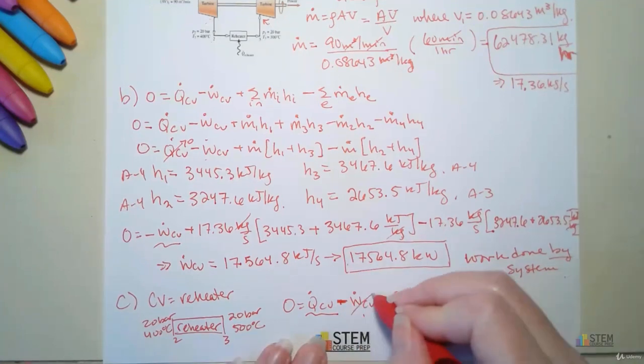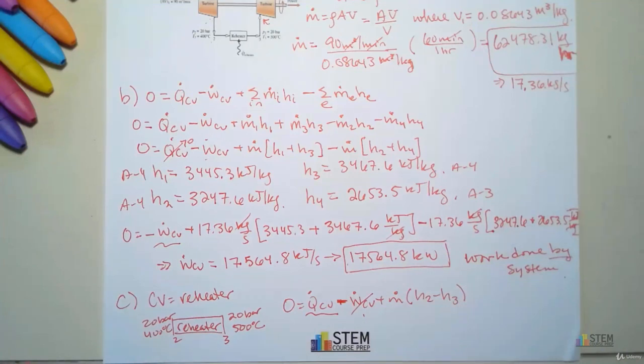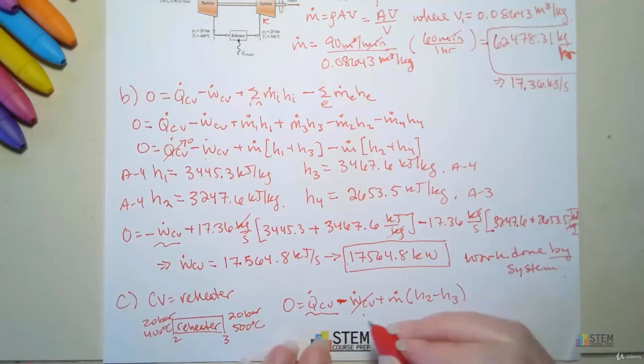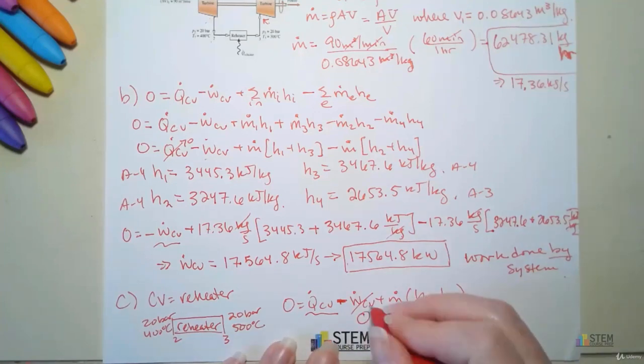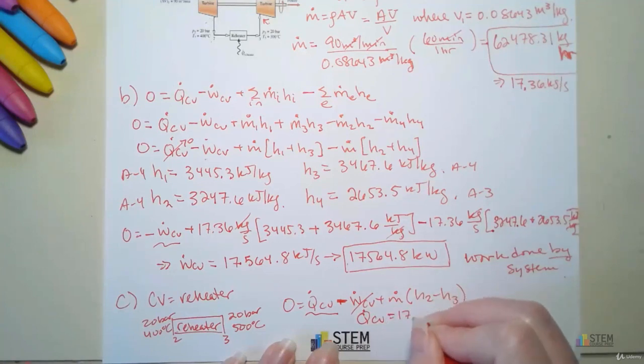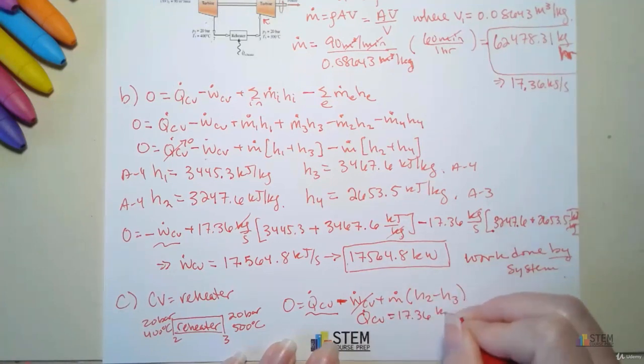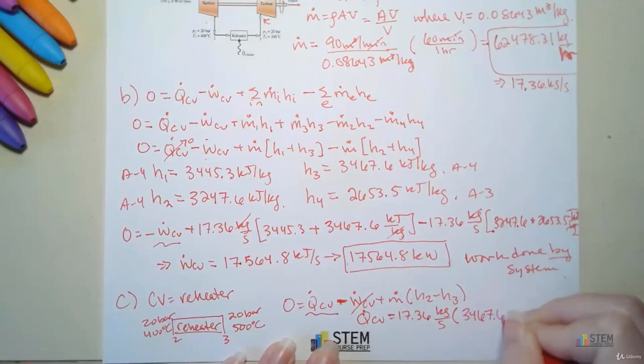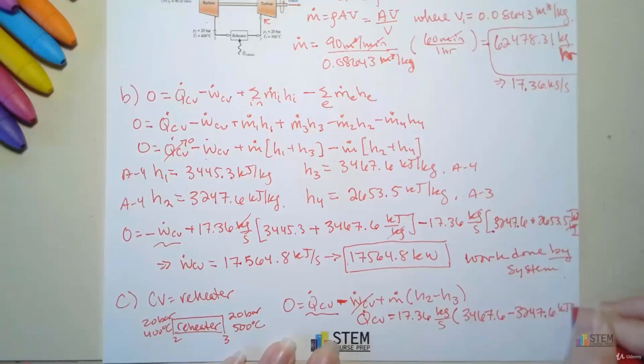No, so we're going to get rid of this term. So that goes away. All we need to do now is plug in these three values. All right. So your Q CV dot then is going to be 17.36 kilograms per second times (3467.6 minus 3247.6).